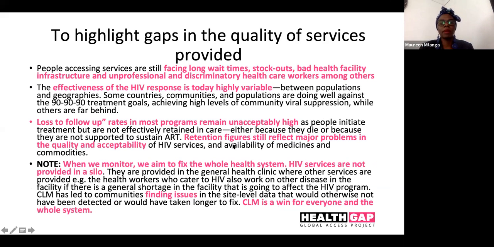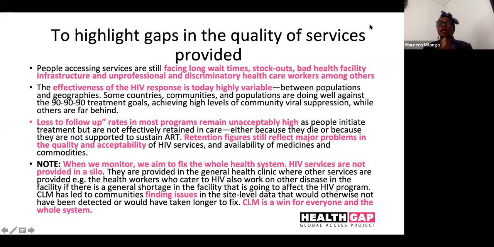We also think about community-led monitoring in order to highlight gaps in quality service delivery. When people go to service delivery points, the main challenge that we have faced for years is long wait times.